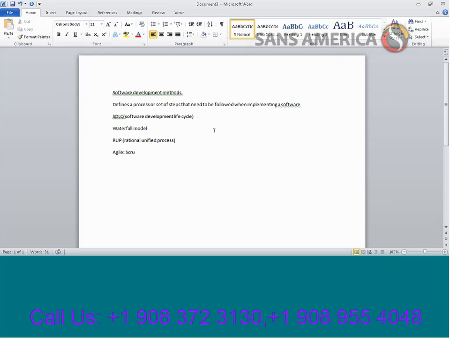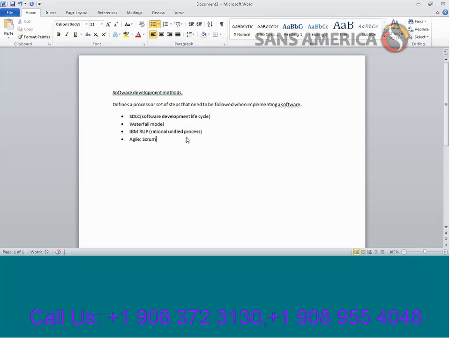Okay, so I repeat, some of the most popular software development methodologies in the market are traditional SDLC. SDLC stands for Software Development Lifecycle. Waterfall model, waterfall methodology. RUP model. RUP stands for Rational Unified Process. The reason it's called IBM RUP is because IBM has actually recommended and proposed this process.